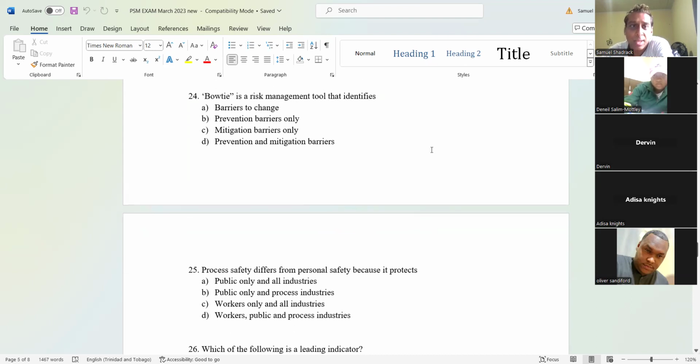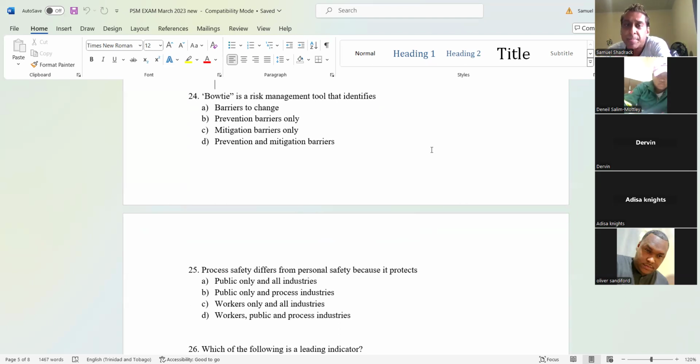Bowtie is a risk management tool that identifies: A, barriers to change; B, prevention barriers only; C, mitigation barriers only; D, prevention and mitigation barriers.